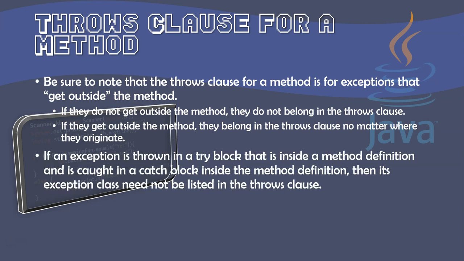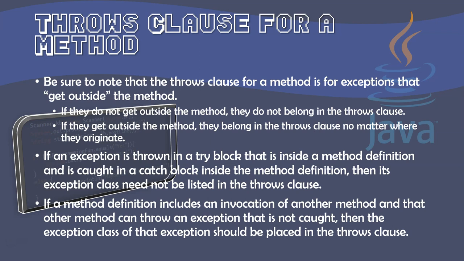If an exception is thrown within a try block, for example, inside of a method definition and is caught in a catch block, then that exception class does not need to be listed within the throws clause, because we're handling that with a try-catch. Now, if that method definition includes an invocation of another method, and that other method can throw an exception that is not caught, then the exception class of that exception should be placed within a throws clause.